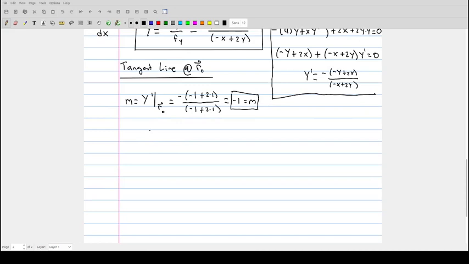So the slope of the tangent line at this point, r naught, is equal to negative 1, and thus the equation of the tangent line, y is equal to m times (x minus x naught) plus y naught, is going to be equal to negative (x minus 1) plus 1. And this should be the equation of the tangent line to this curve.